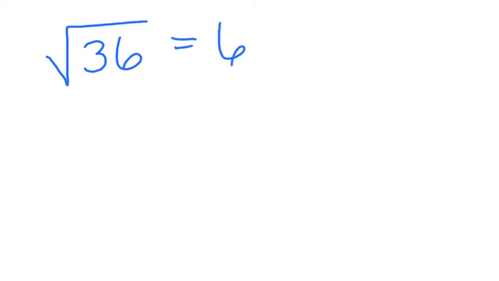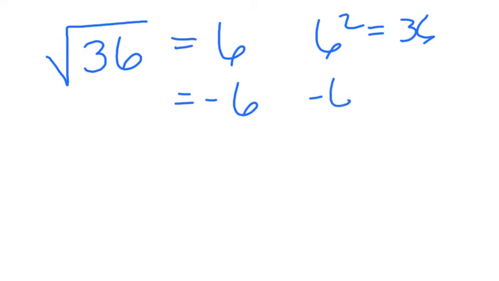That would be 6, because 6 squared equals 36. What is the other square root of 36? That would be negative 6, because negative 6 squared equals 36. Negative times a negative is a positive.